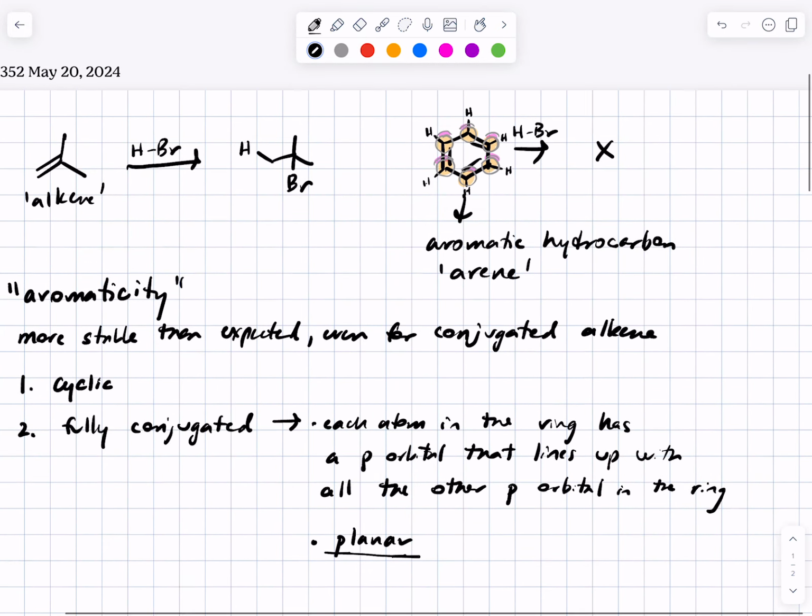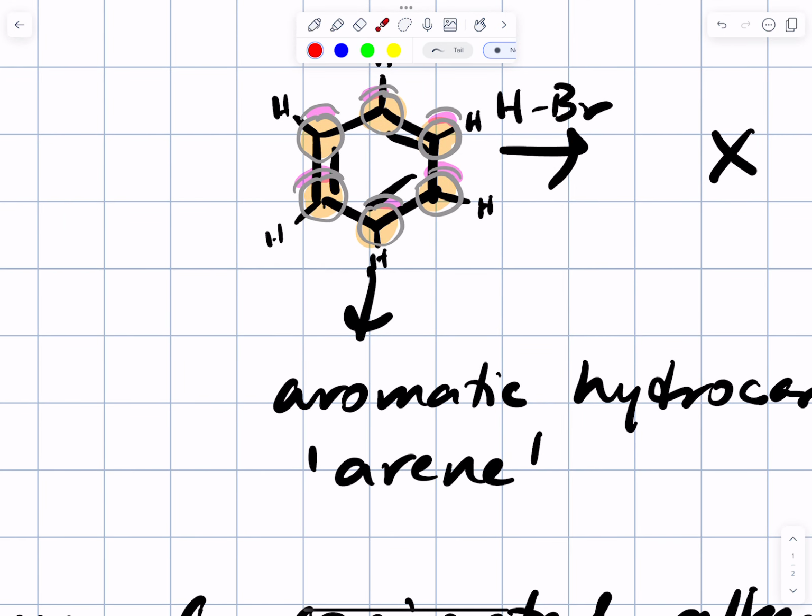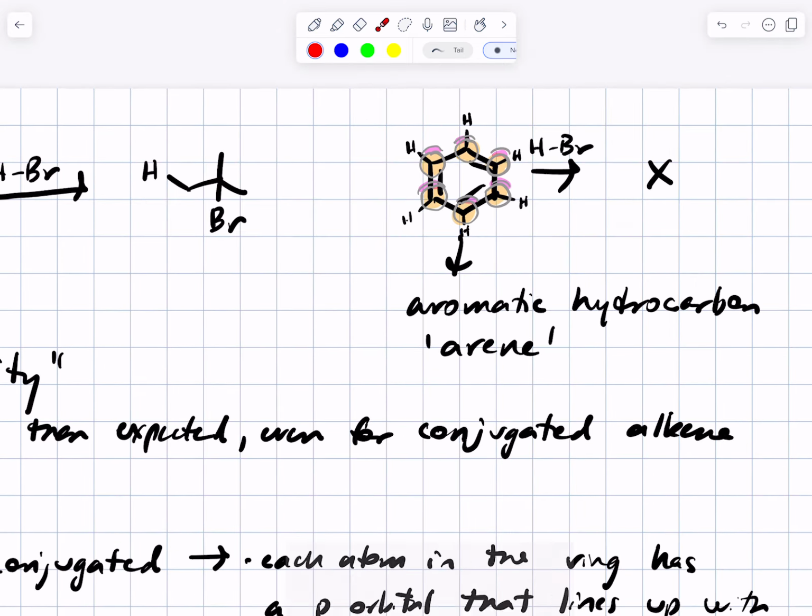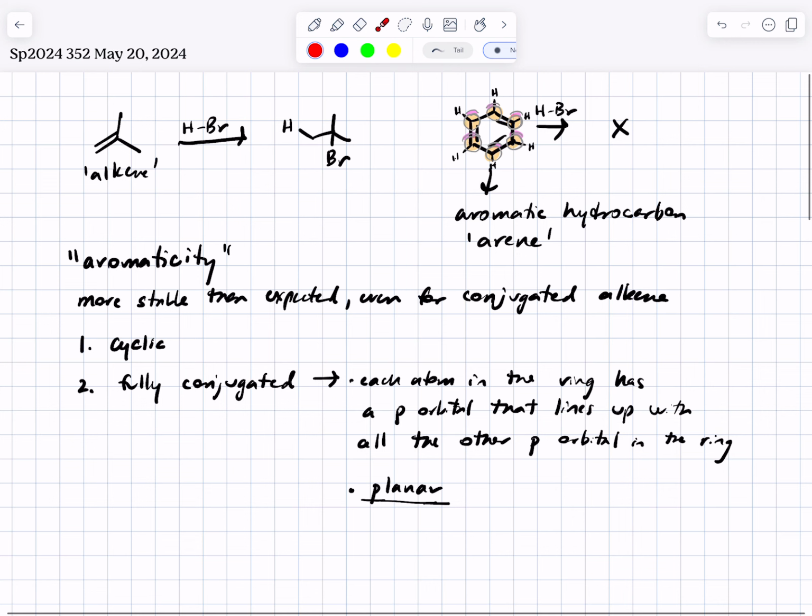The fact that the benzene ring is planar means that all of these p orbitals are perpendicular to each of the carbon-carbon and carbon-hydrogen sigma bonds in the ring, and that property makes all of the p orbitals parallel to each other, which is perfect for side-by-side pi-type overlap.